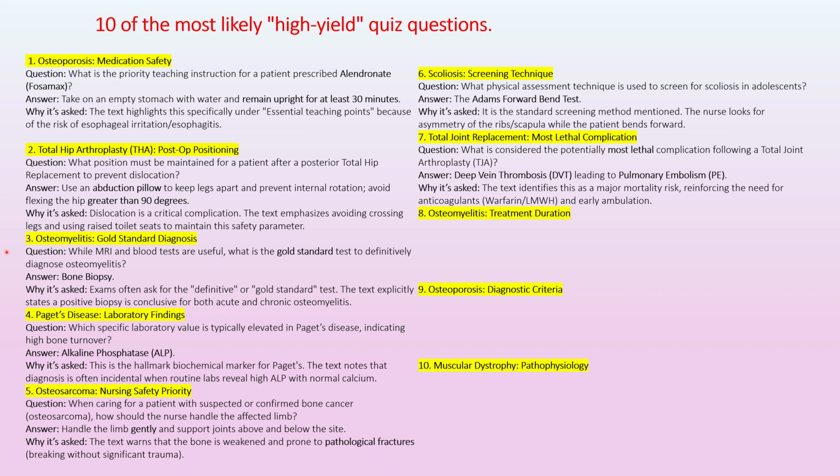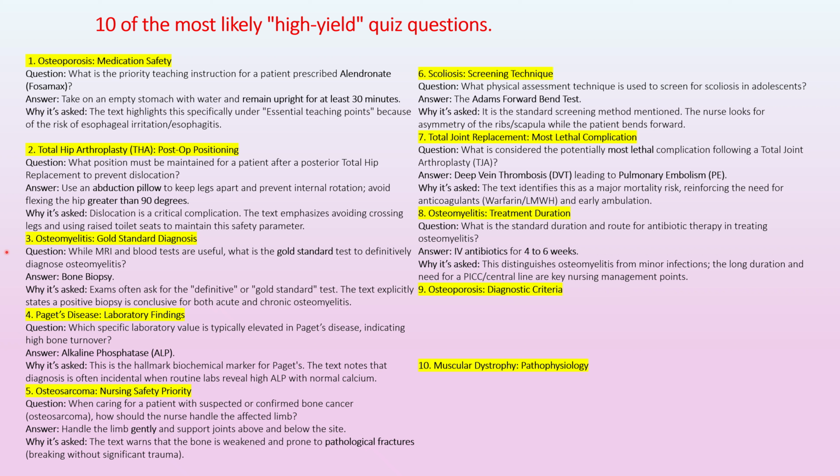What is considered the potentially most lethal complication following a total joint arthroplasty? The answer is deep vein thrombosis, DVT, leading to pulmonary embolism. The text identifies this as a major mortality risk, reinforcing the need for anticoagulants, warfarin, and early ambulation.